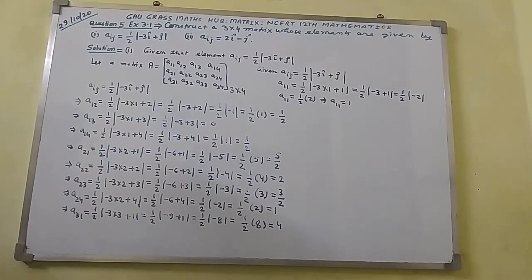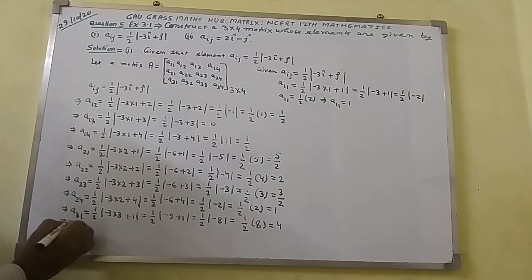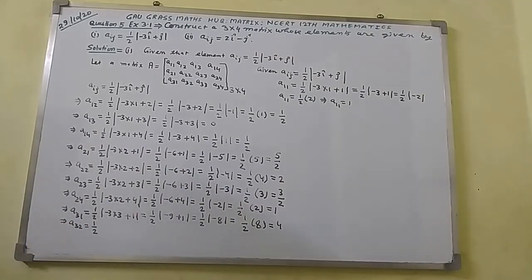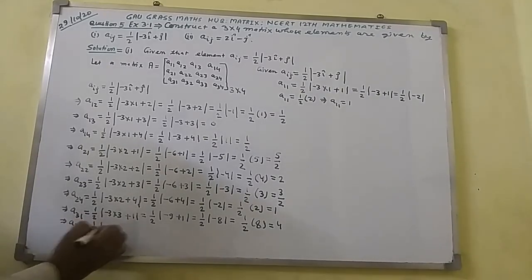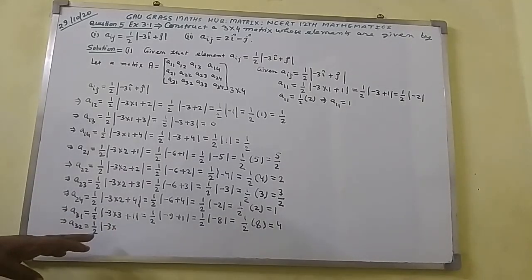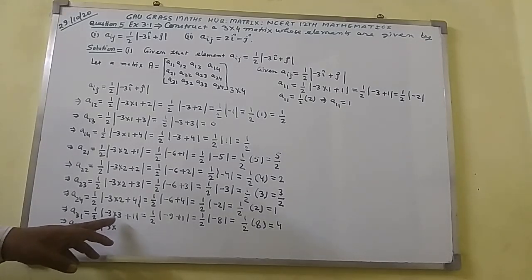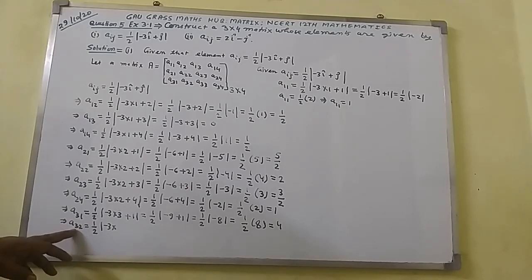Now come out to A input 32. So here I shall write A input 32 equal to 1 over 2 mod minus 3, write minus 3 into the value of row position, I shall take 3.